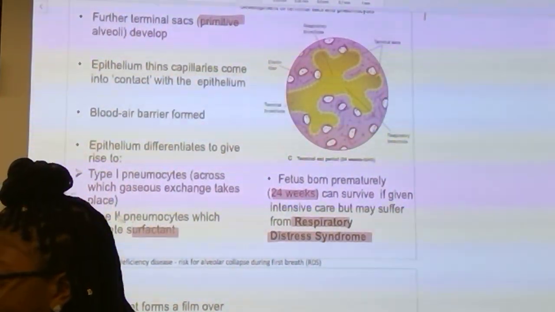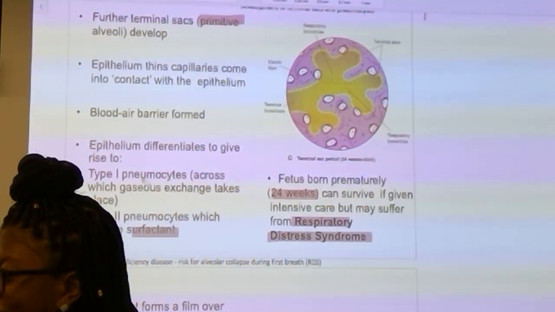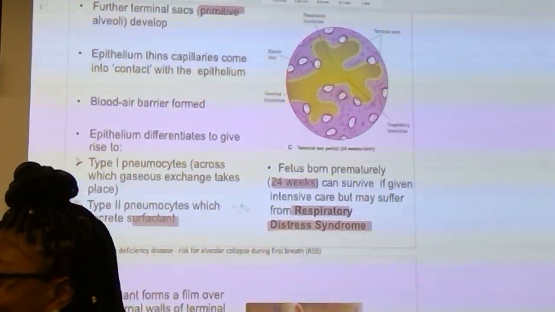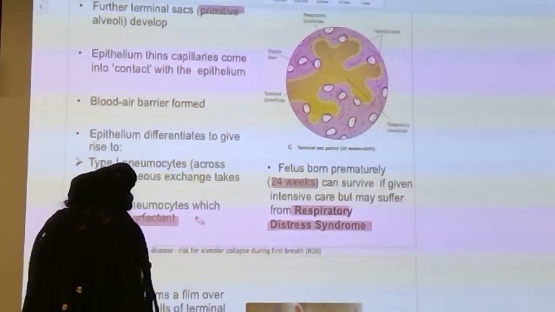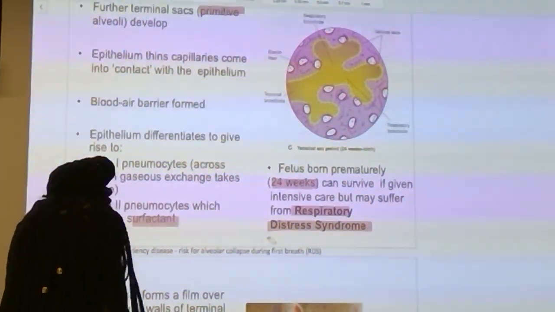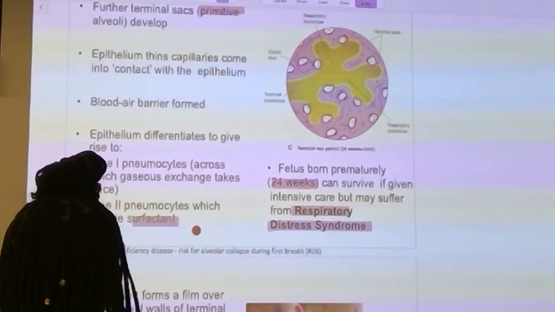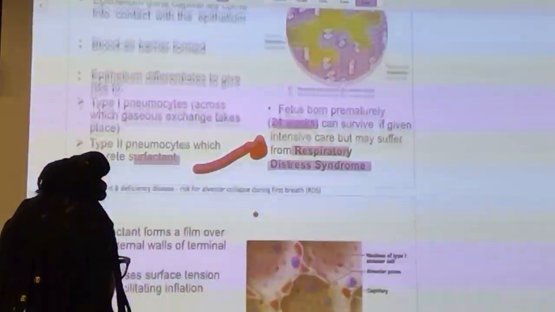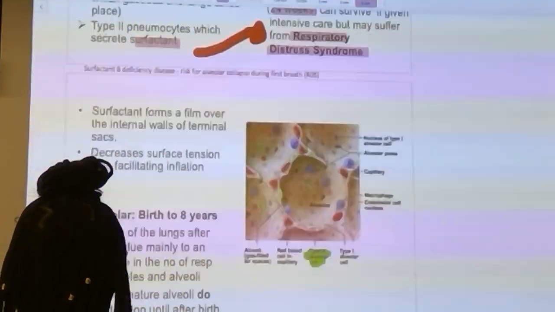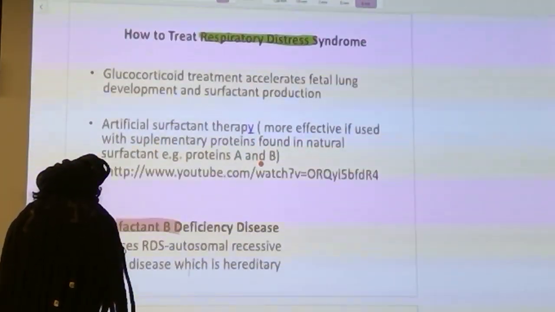What's important is that type 2 pneumocytes produce surfactant, and if the baby has low surfactant or is born too early, when there is no surfactant, they'll get respiratory distress syndrome. Respiratory distress syndrome, and the way to treat it is with surfactant.